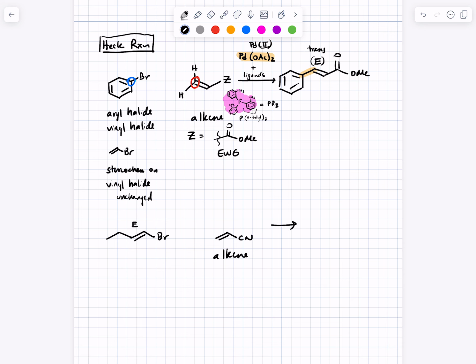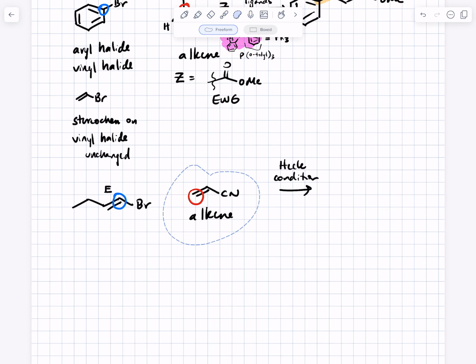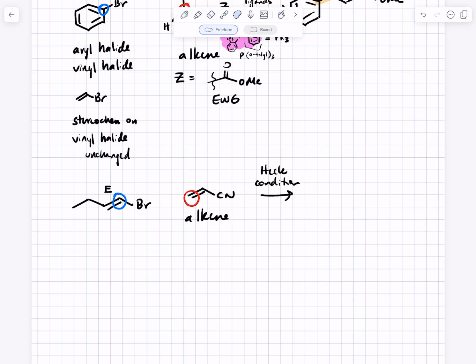We'll use the same conditions I've written above, so I'm not going to repeat them here. I'll just call them Heck conditions. Here is the carbon on the alkene that we'll form a new bond with. Here is the carbon on the vinyl halide that we'll form a new bond with. I'll show you the product.